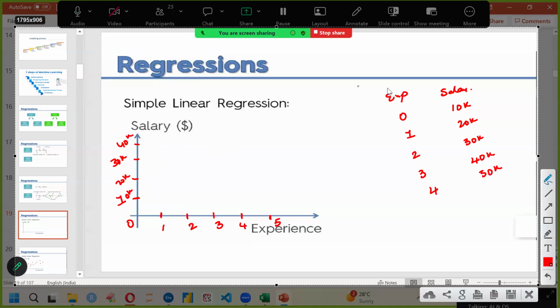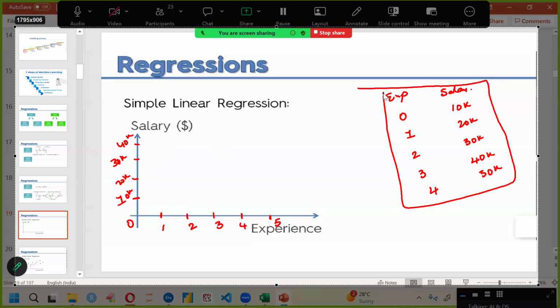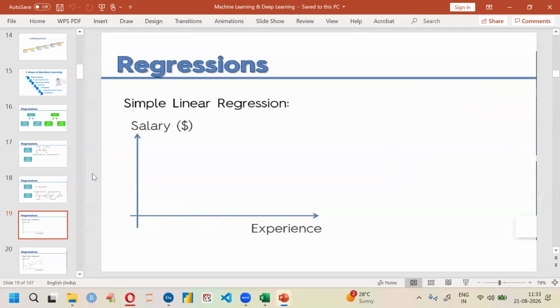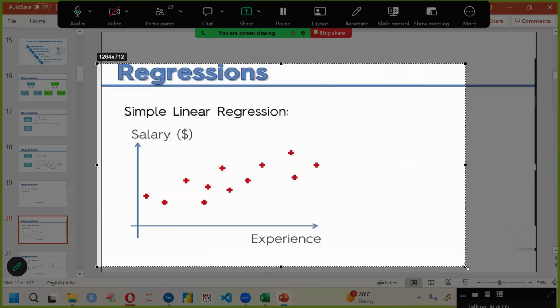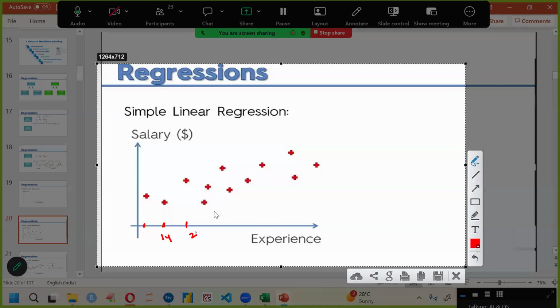Think that we are taking sample data and plotting X against Y. So this is the plot. Now let me plot the points. These are the points. For example, I got different points like this. Consider here some 0.3 months or 6 months, 1 year of experience, 2 years of experience.